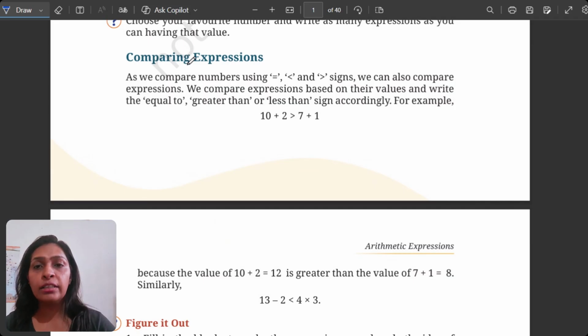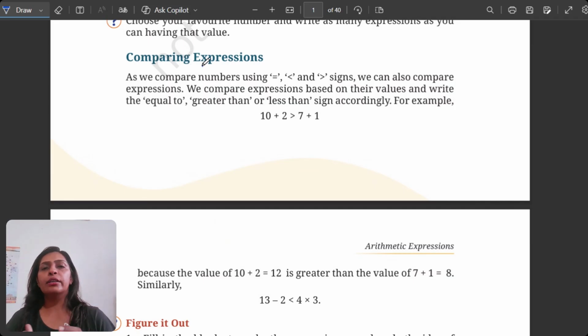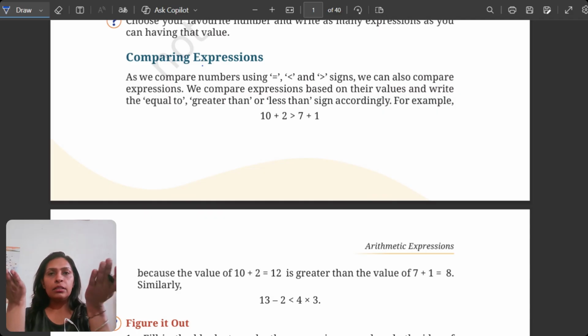Now, for comparing expressions, think like this. Whenever we have two quantities, what kind of comparison can they have? Either both quantities are equal, or the first quantity is bigger than the second, or the second quantity is bigger than the first.